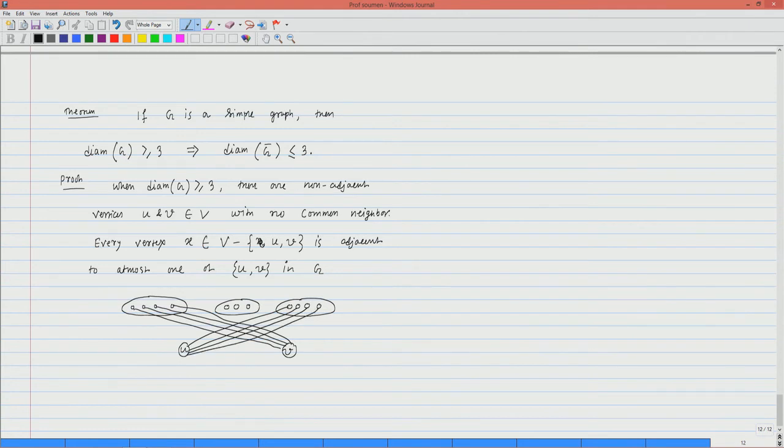And these are the set of vertices which are neither adjacent to u nor adjacent to v. So, you can see that there is no vertex which is adjacent to both u and v in the graph G. This is how the graph G looks with respect to the adjacency relation with u and v.